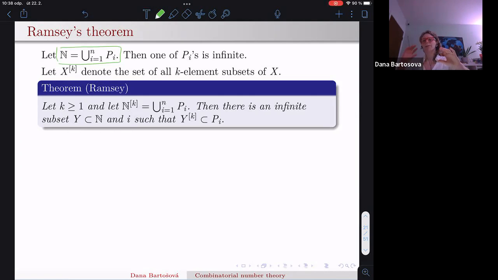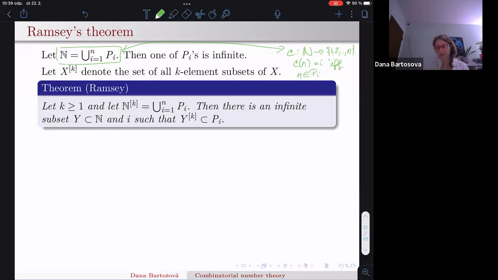So I will be going between colorings and partitions, which is the same thing, right? If I have a partition, then I can match this with a coloring from natural numbers into the parts, so 1, 2, up to n, and I'm going to say that C of n is equal to i if and only if n is in P_i.